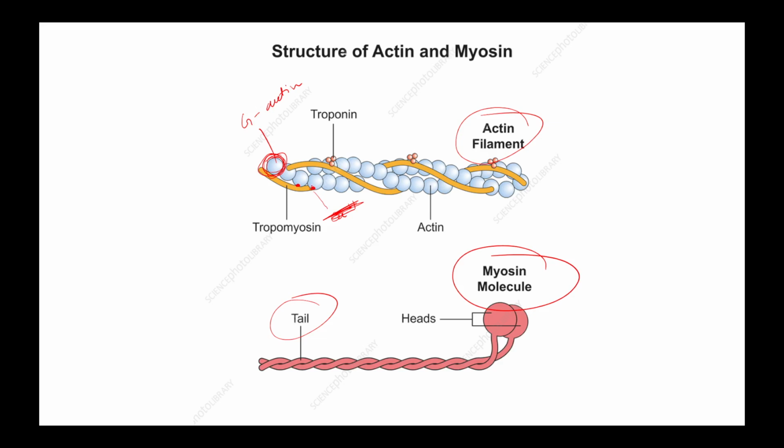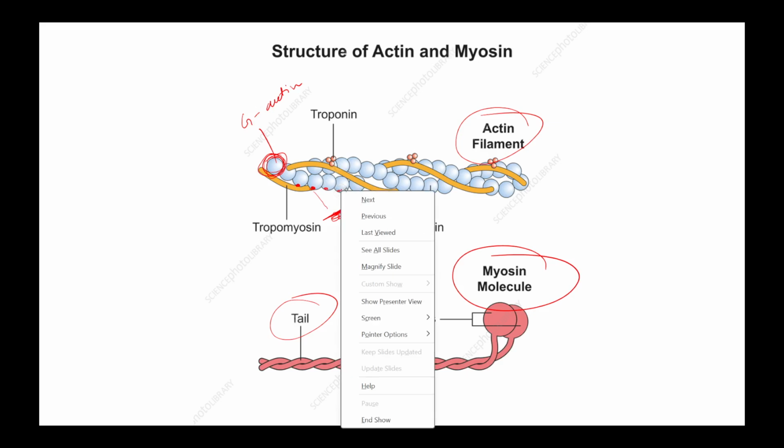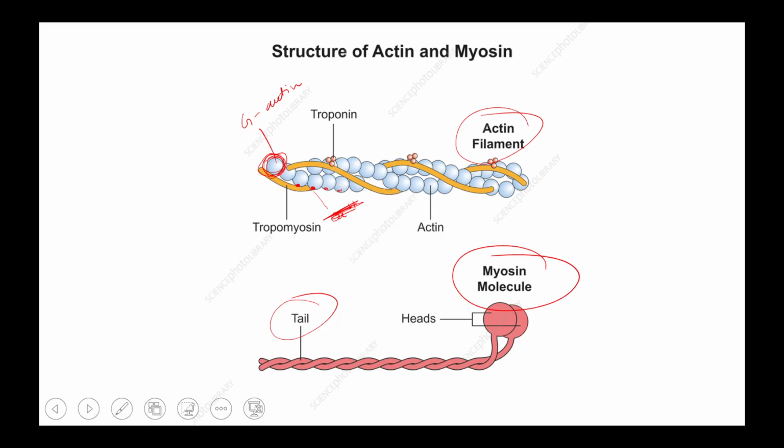So actin binds to the myosin molecule with these sites present in the G actin. But these sites are covered by a thread which runs along the actin filament, which is tropomyosin. So tropomyosin covers those sites where the myosin molecule can bind. Along with the tropomyosin we also have a troponin protein, which we'll also talk about.